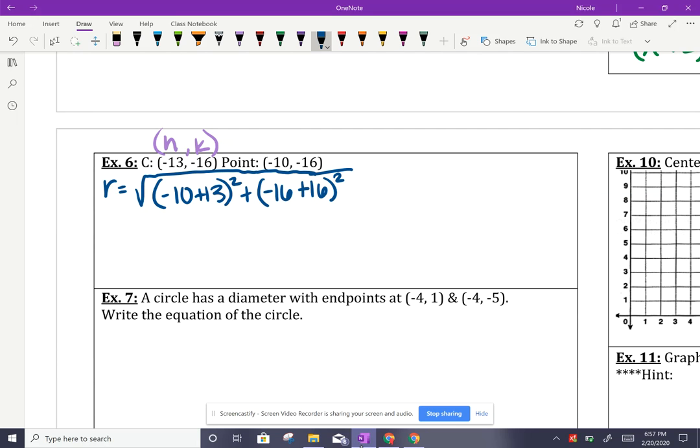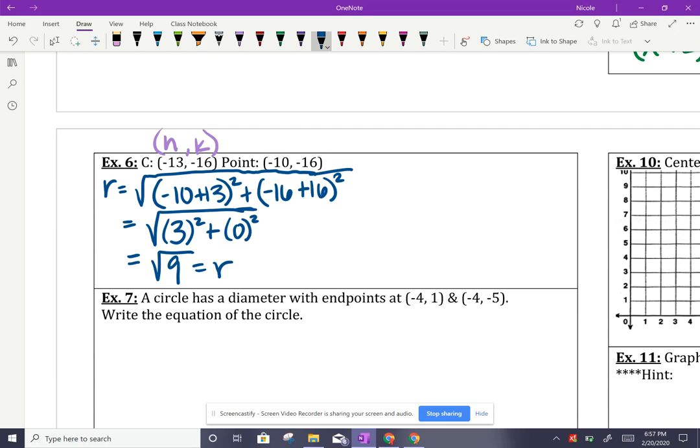I'm going to go through and simplify. Negative 10 plus 13 is going to give 3. So 3 squared plus negative 16 plus 16 is going to give 0 squared. So then 3 squared is 9. The square root of 9 is 3.